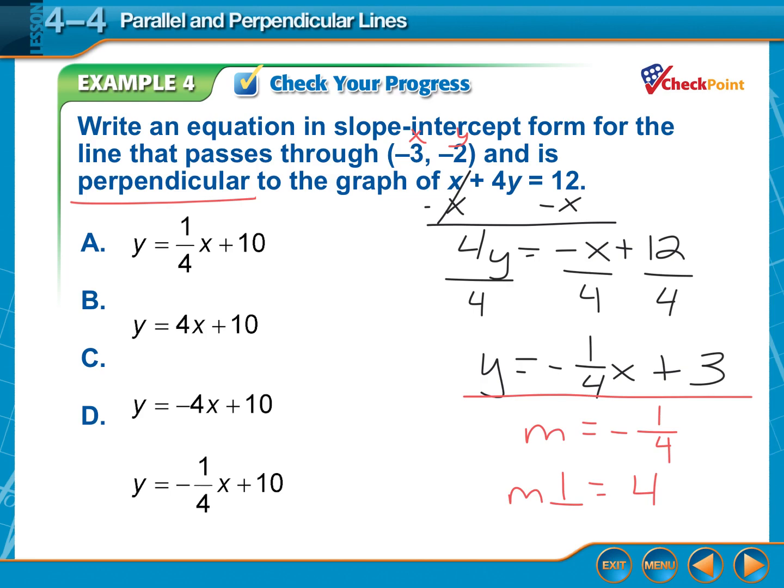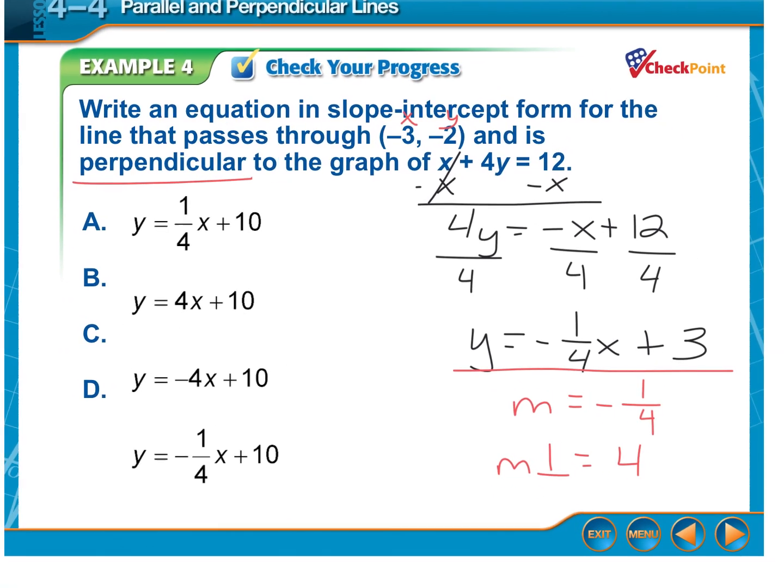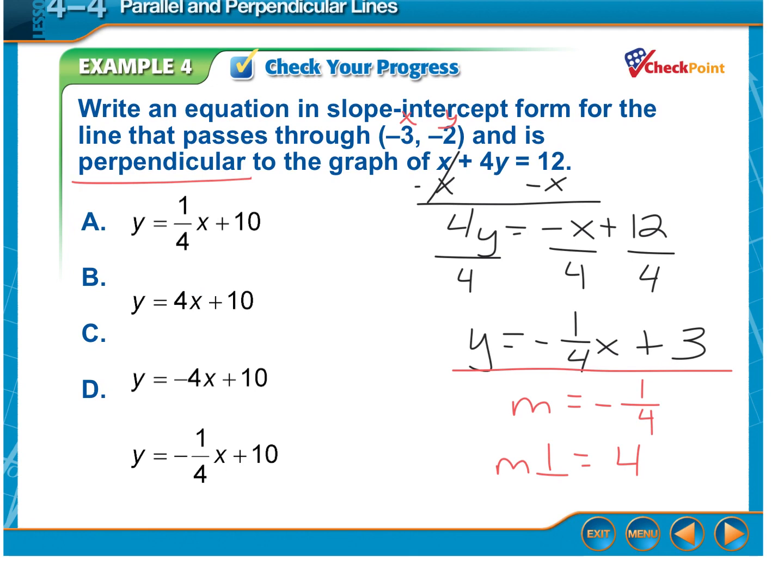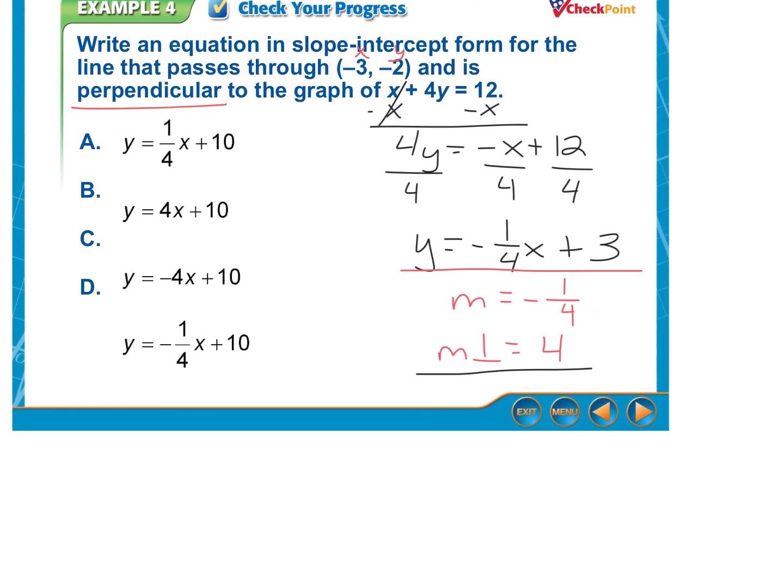Now that we have our slope, what are we missing for our equation? B, the y-intercept. We need to find our b. So, coming down here, what is my y that we labeled?